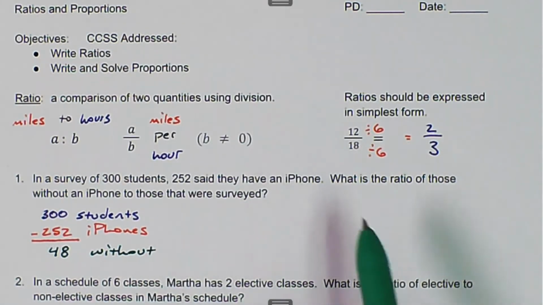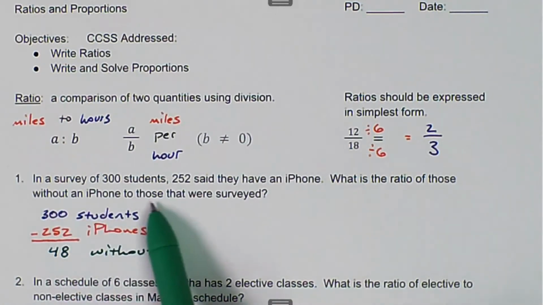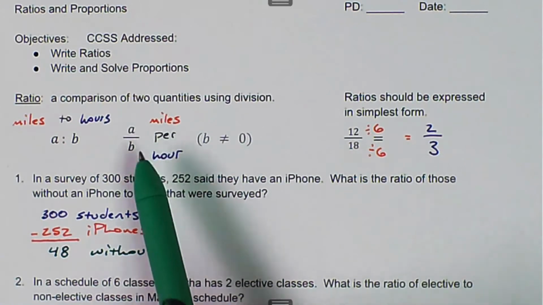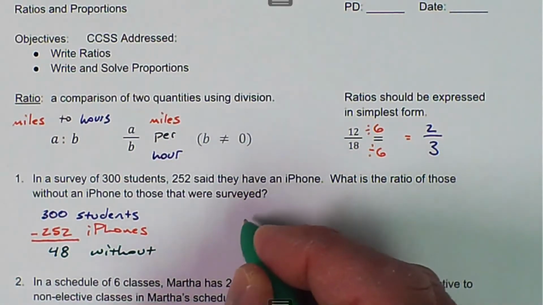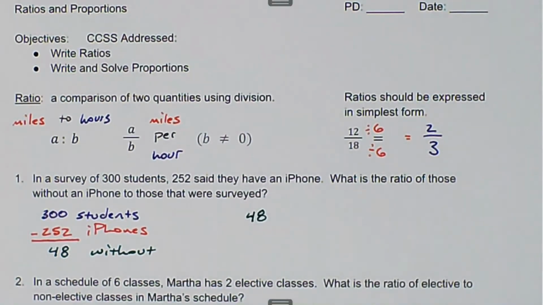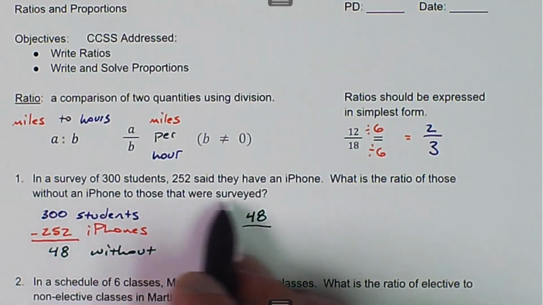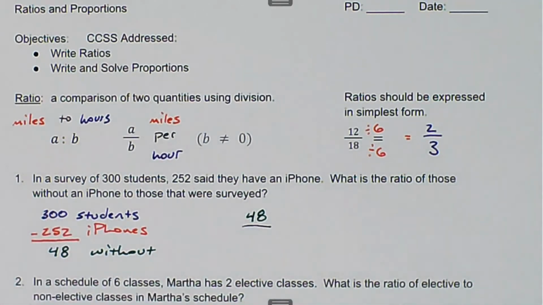So the question asks, what is the ratio of those without an iPhone to those that were surveyed? So we want to make our ratio with those without in the numerator. So we're going to put 48 divided by those that were surveyed. The total students surveyed is 300.